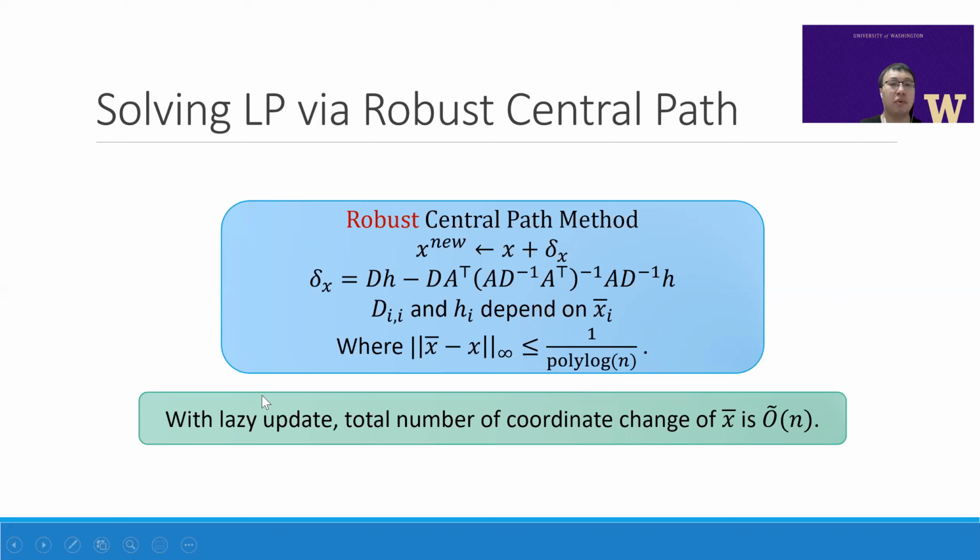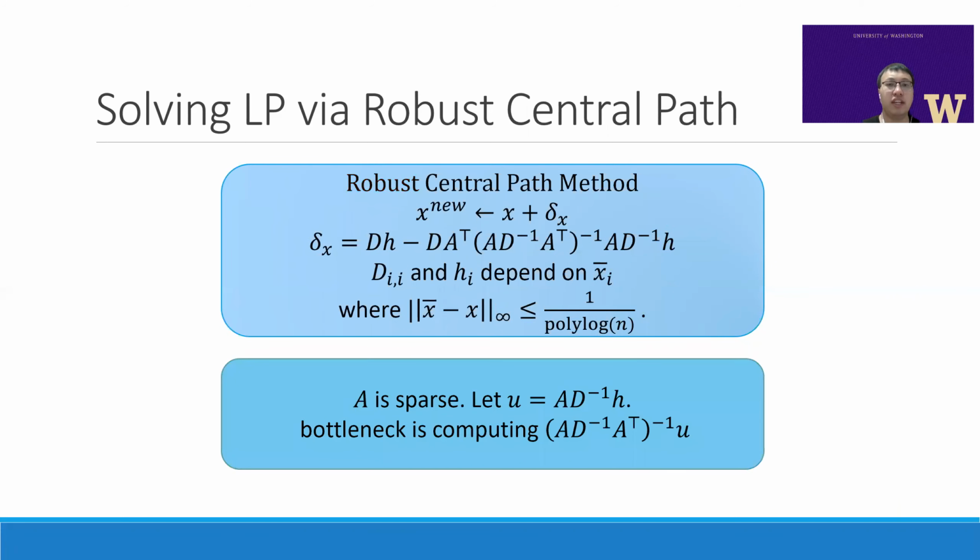And in the paper, we show that using lazy updates on x bar, the total number of coordinate changes is at most linear. Since the matrix A is very sparse, we can compute the right-hand side A D inverse H very efficiently. And the bottleneck is only solving the following linear system.